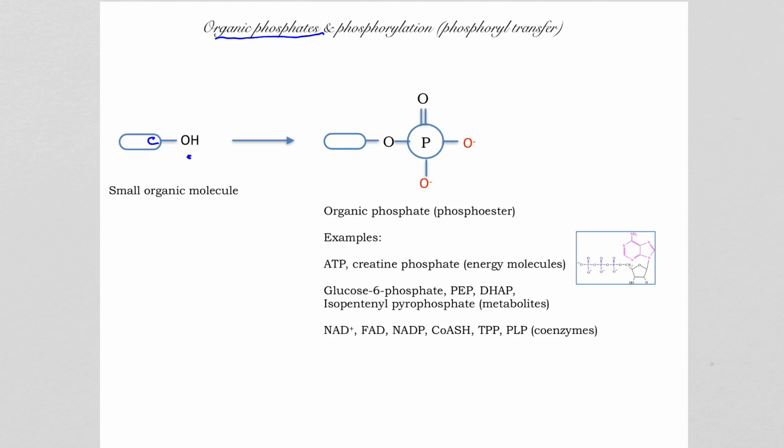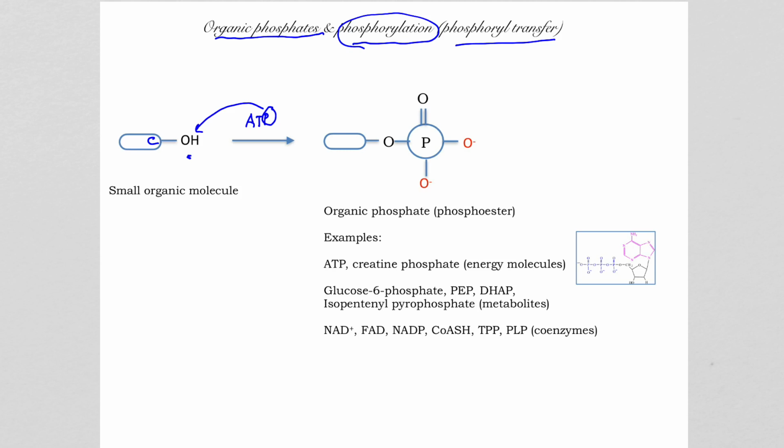And then in the presence of something that can donate phosphate, commonly ATP, the energy molecule, it is used to do these reactions that we call phosphorylation or phosphoryl transfer. One of these phosphates can be transferred to this OH.